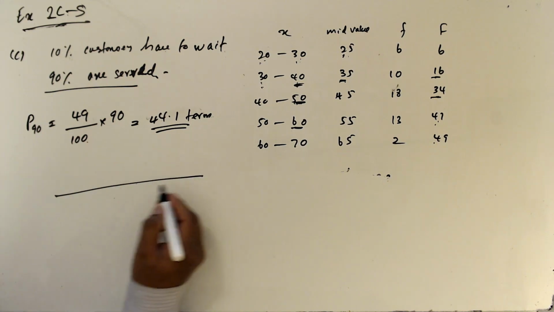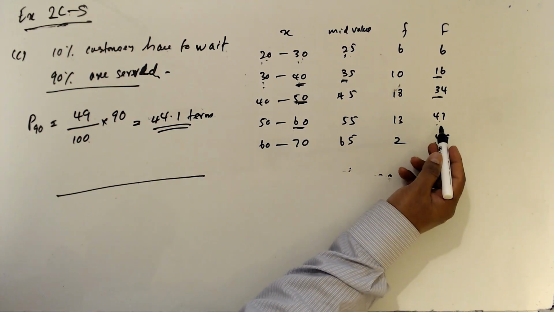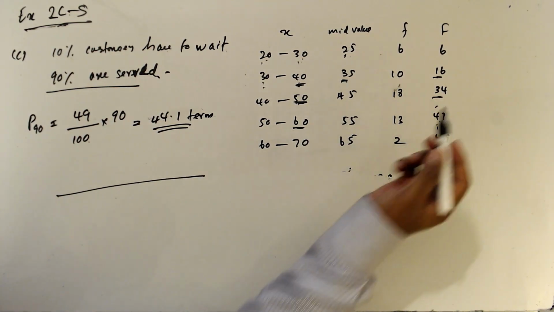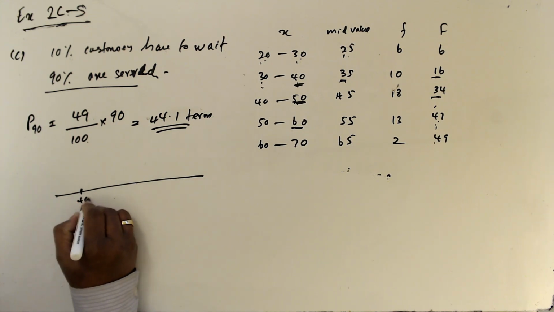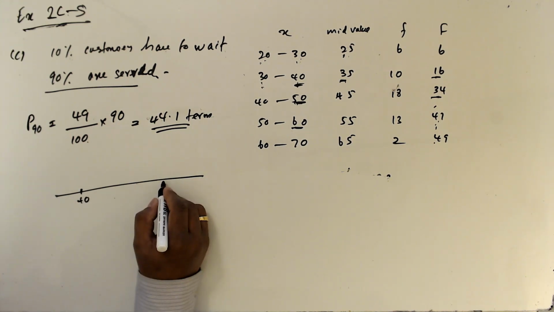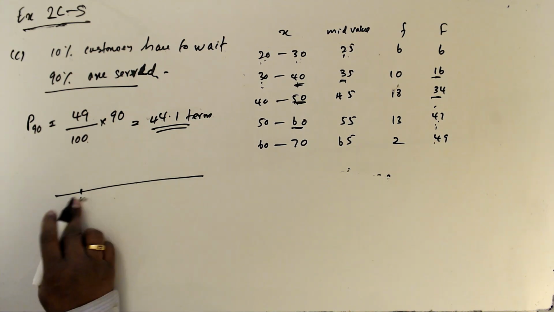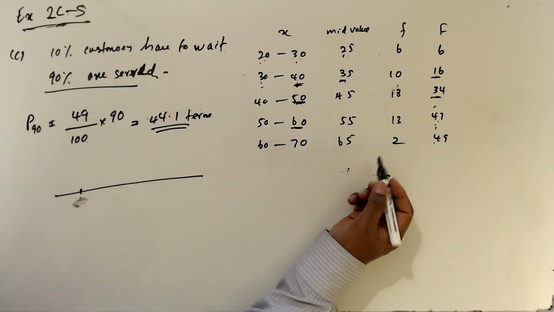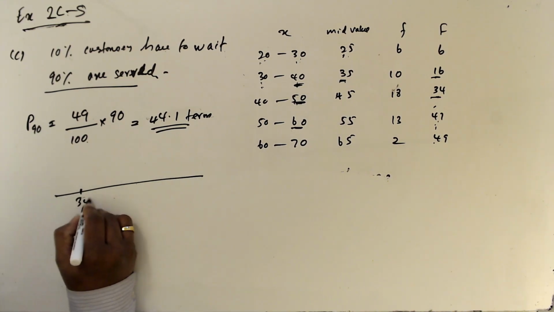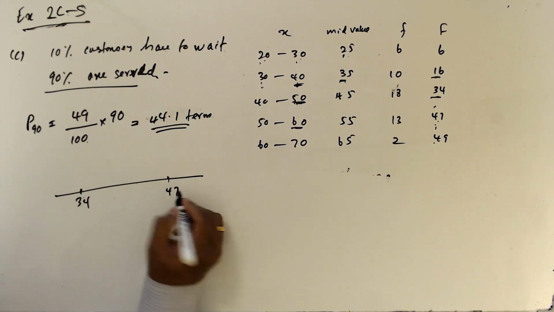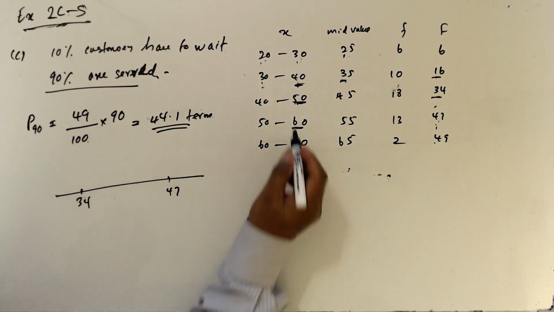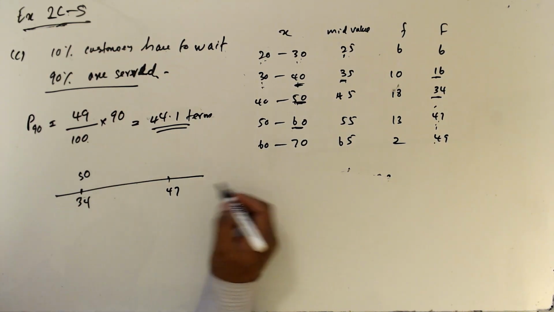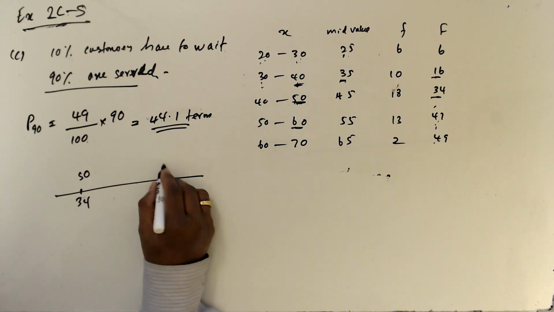Now 44 is here, in between 34 and 47. 34 is going to be 50, 47 is going to be 60.